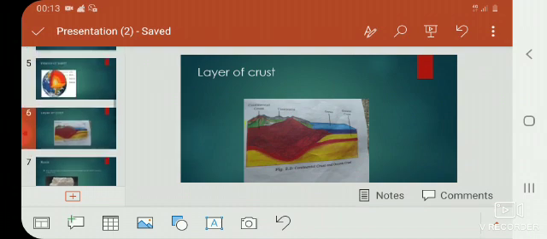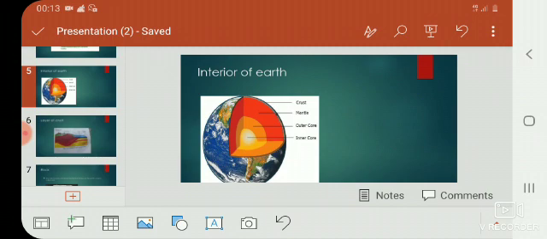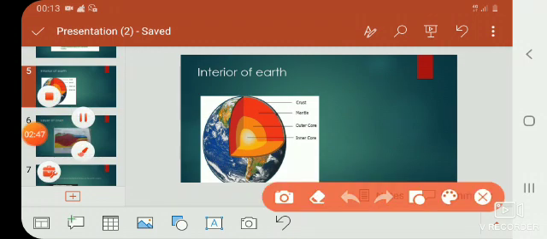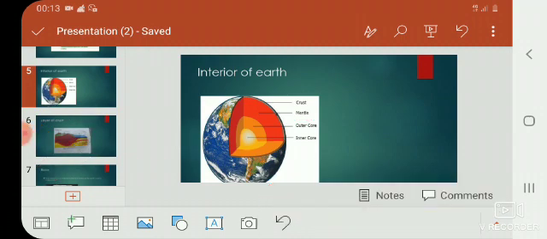Next let me tell you about mantle. Here is your mantle. Can you see mantle here? It is the second part of the earth. This particular mantle is almost about 2900 kilometers below the crust.